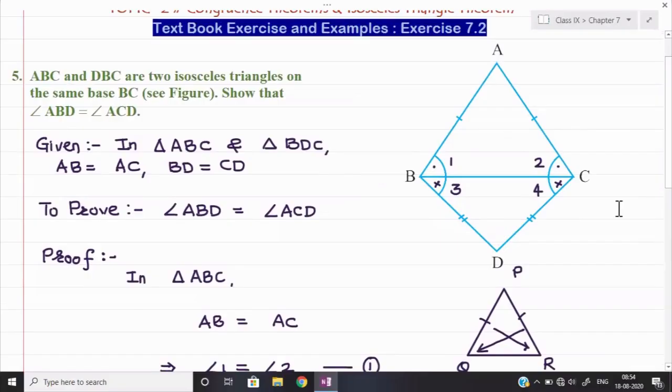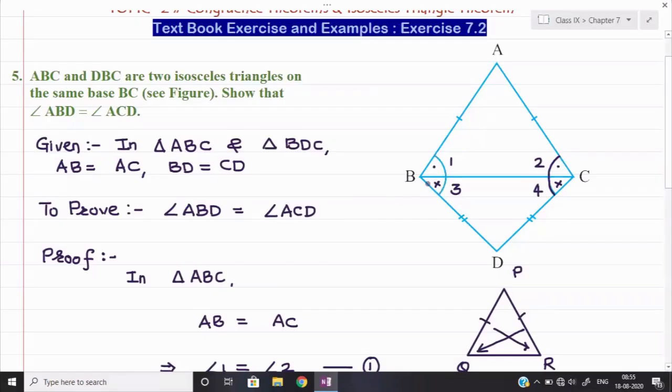So we can say that angle 1 plus angle 3 will be equal to angle ABD, and similarly observe angle 2 plus angle 4, this angle I am talking about. So angle 2 plus angle 4 will be equal to angle ACD, and angle 1 plus angle 3 will be equal to here angle ABD, right?